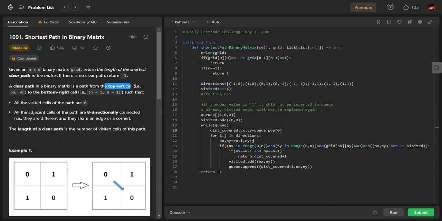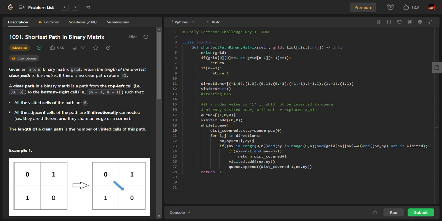If you understand the indexing of a 2D matrix, you will definitely know what the 0 comma 0 index means. It basically represents the topmost and the leftmost cell. From there to the bottommost and the rightmost cell, which is represented by n-1 comma n-1. So we have to find a clear path between these nodes.